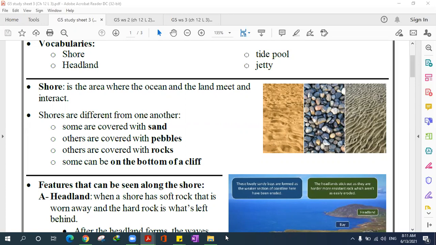Okay, so the shore is the part or the area where land and water meet or interact together. Of course, not all shores are the same shape. Some are covered with sand, some with pebbles. Have you ever seen the shore with the black sand?